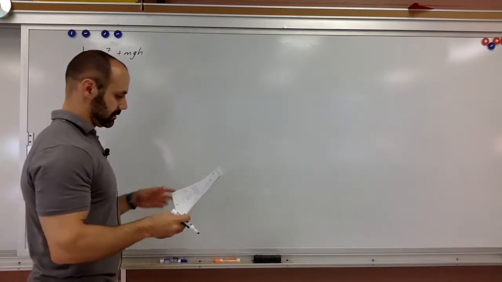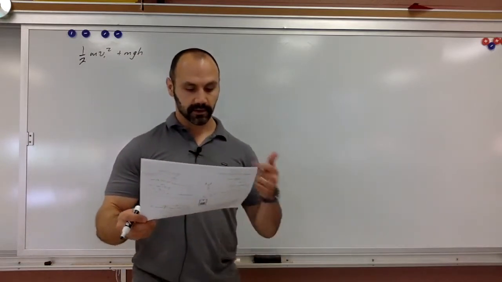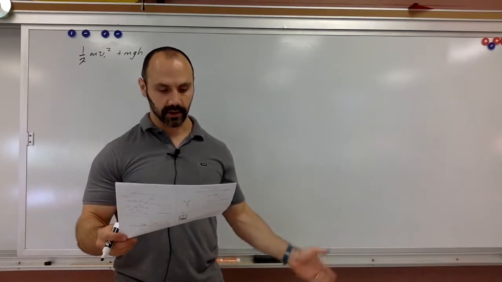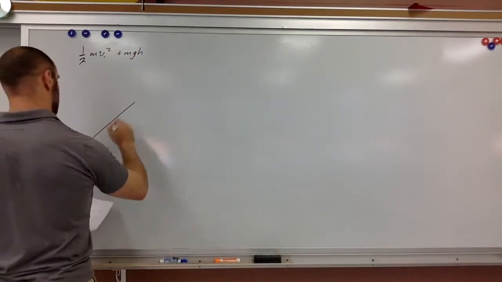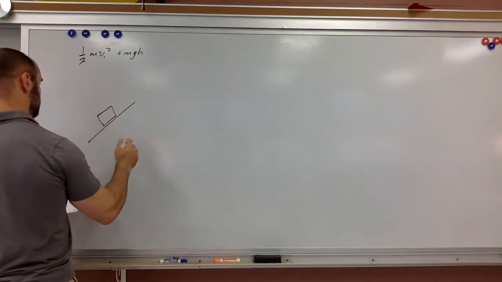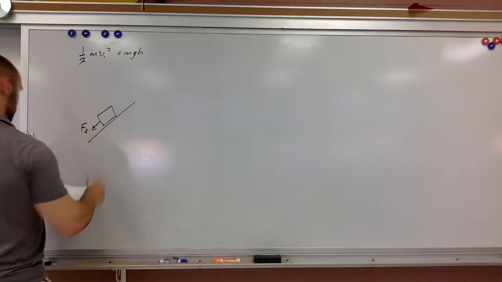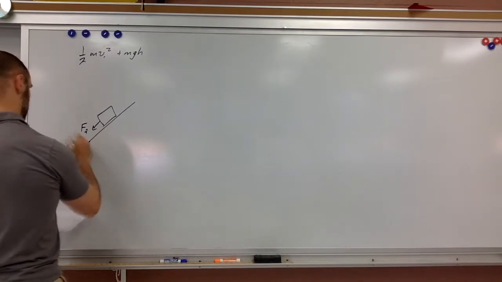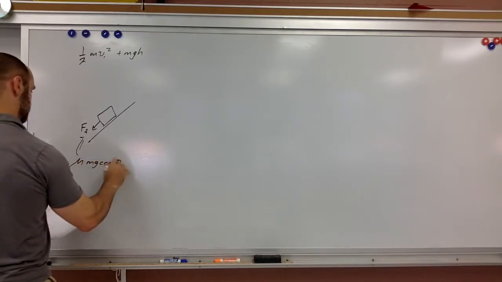Now I'm going to look at the work done by all these other forces involved. First of all, I have friction going up the hill. So what is that friction going to look like? The hill's like this. The block is going up. What is the force of friction on this? The force of friction is going to be mu mg cosine theta.